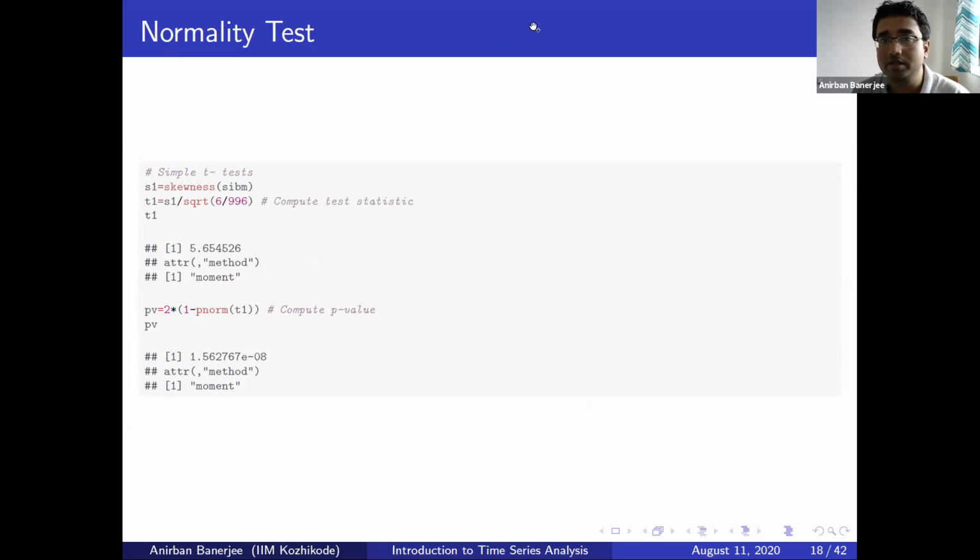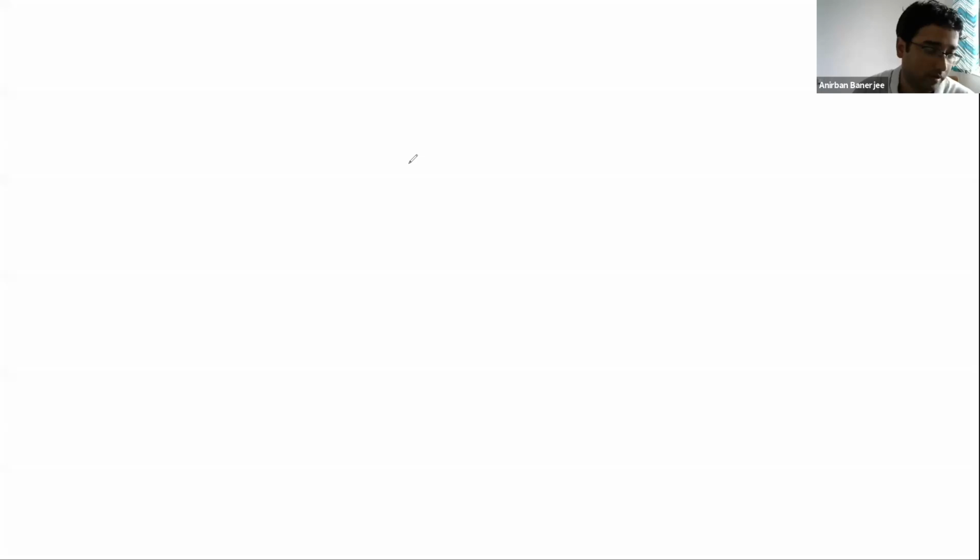You remember that if you are testing for equal to 0, then mu minus mu bar divided by standard error is our t-test statistic, the t-stat. Now, if you are testing whether mu bar is equal to 0 or not, it effectively becomes mu by standard error.